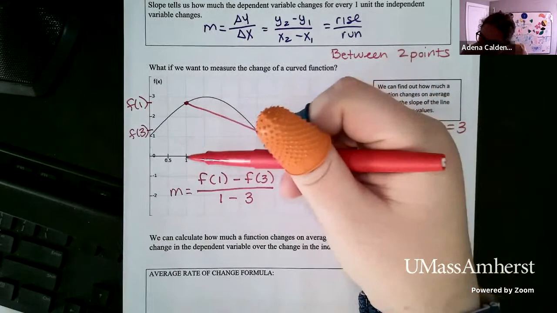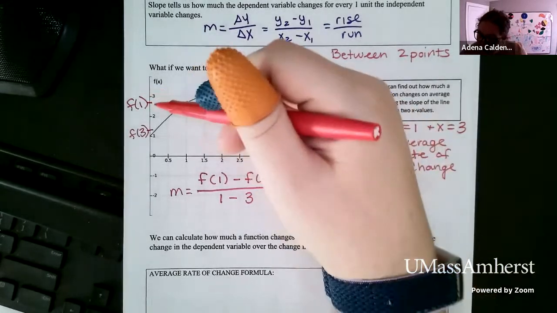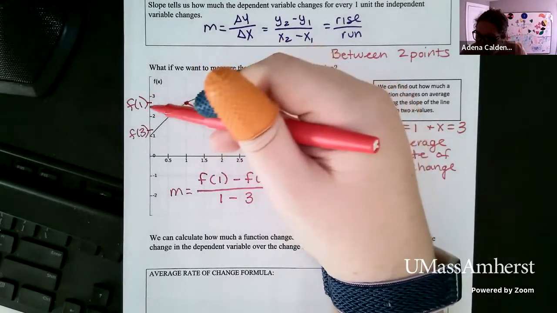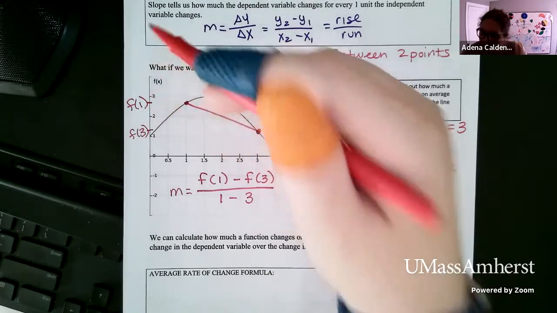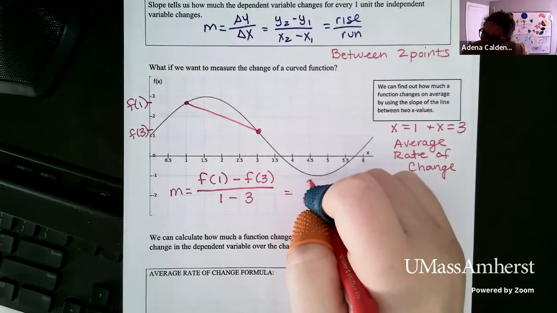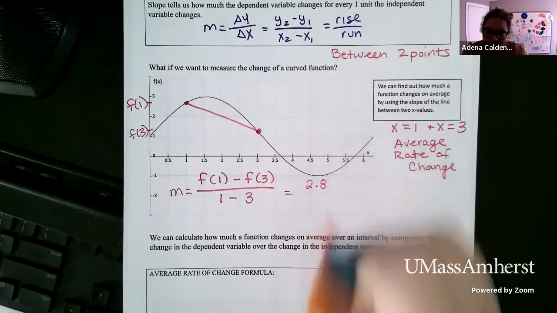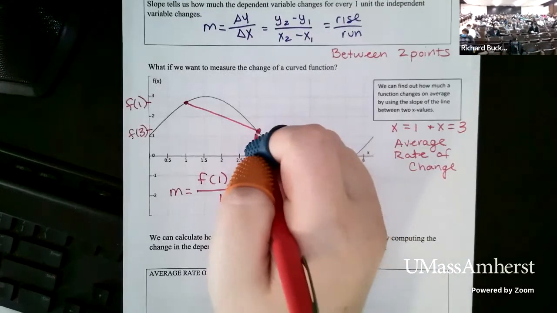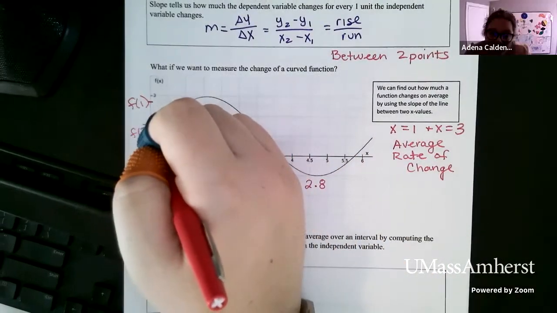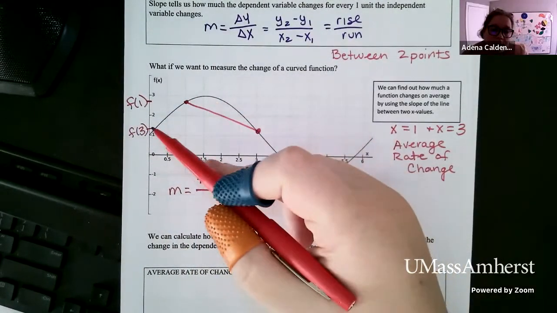So for f of 1, I would come up, I'd look over here, I'd try to approximate about where it is. It's between 2 and 3, but closer to 3. So I'm going to call that 2.8. F of 3 is a little bit above 1 over here on the axis.